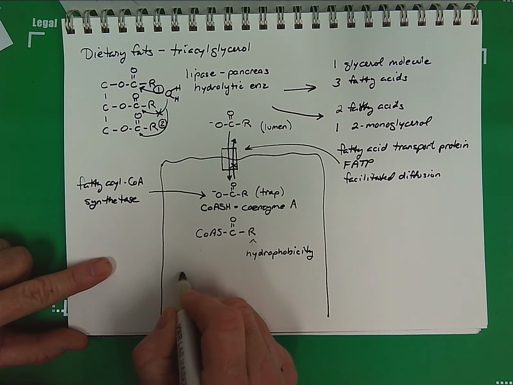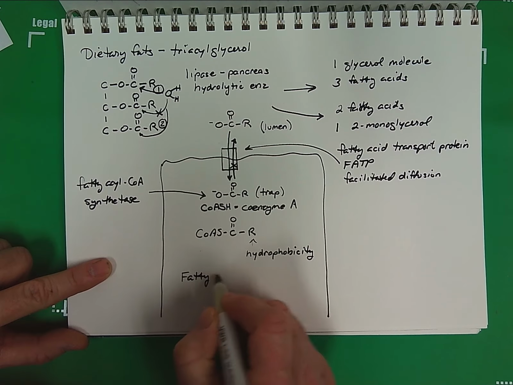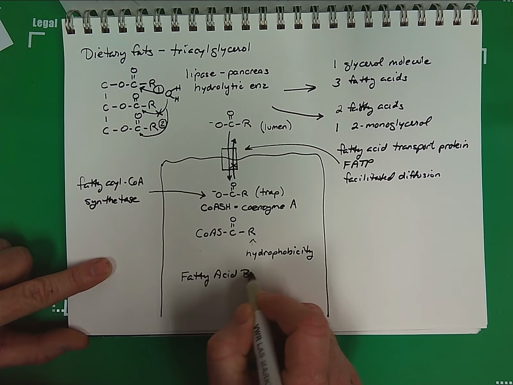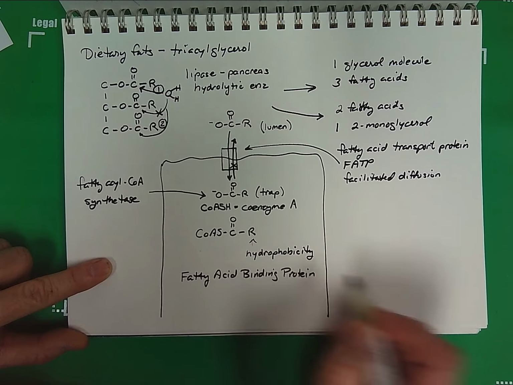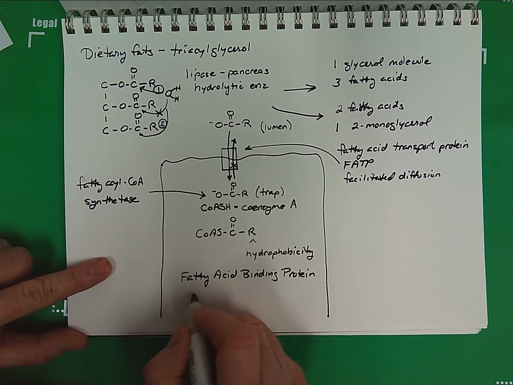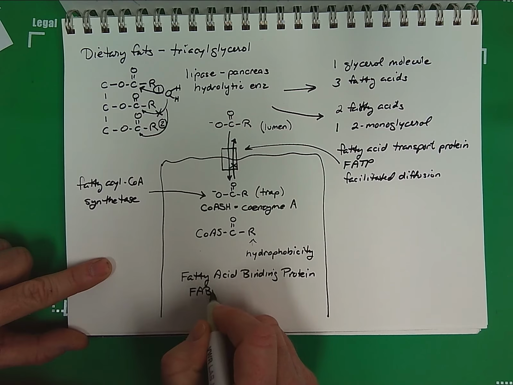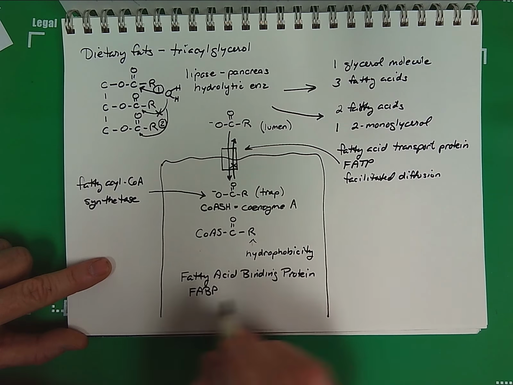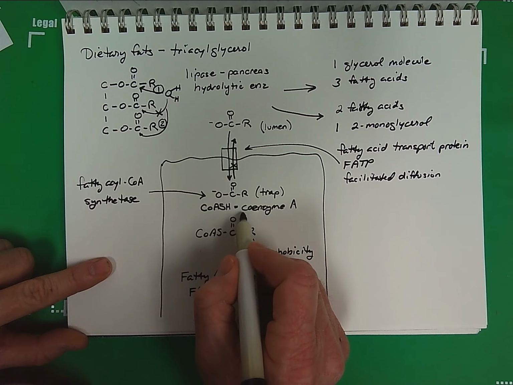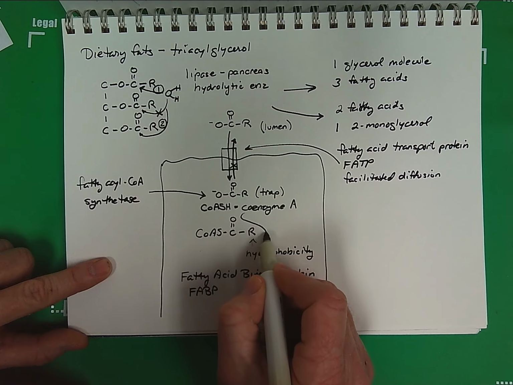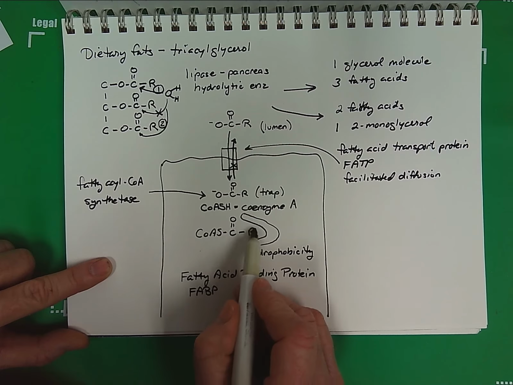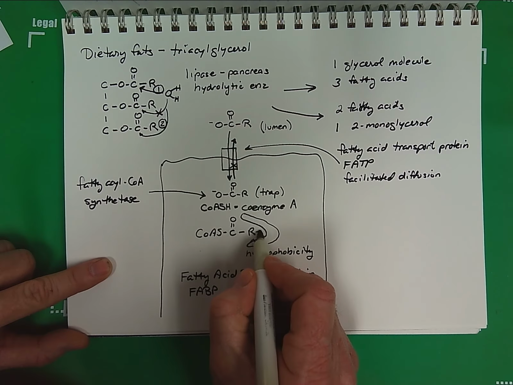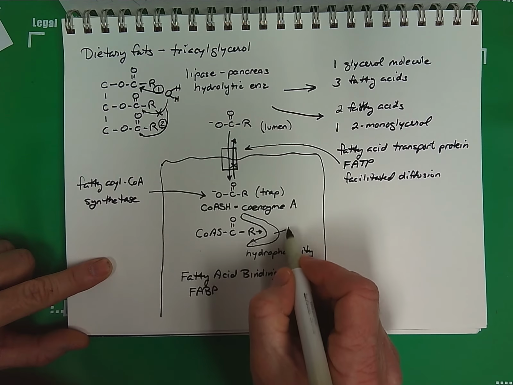What we need to do is call on another protein called fatty acid binding protein. The fatty acid binding protein, abbreviated FABP, structurally has been identified to look like a clamshell. So it looks like this. The hydrophobic portion of the fatty acid fits into a cleft of the enzyme.